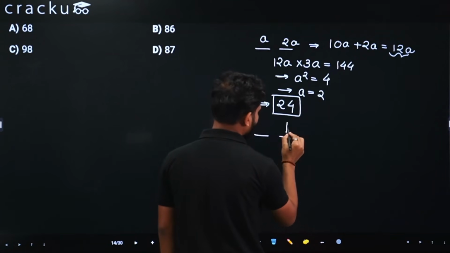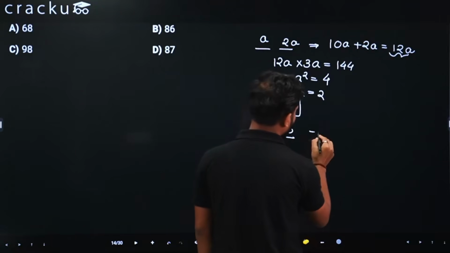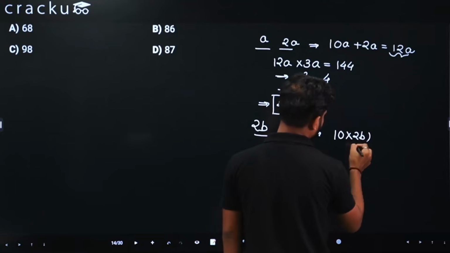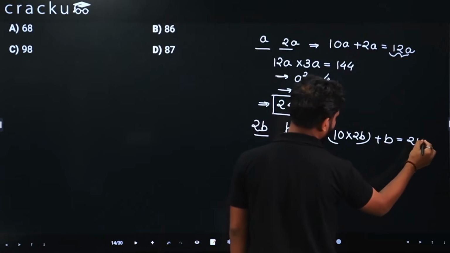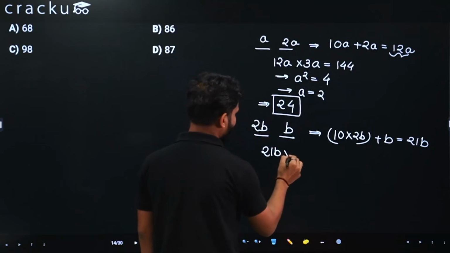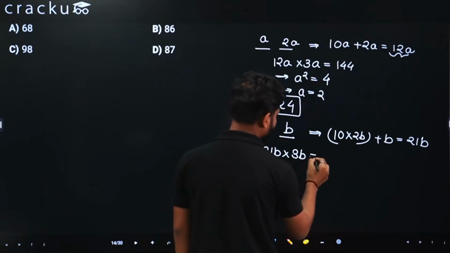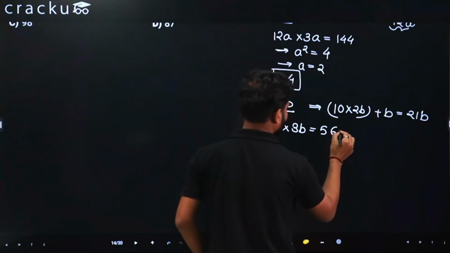In the other case it is reversed. Let the unit digit be b, the tens digit will be 2b. What will the number be? The number will be 10 into 2b plus b, which is nothing but 21b. When this 21b is multiplied with the sum of digits, which is 2b plus b, 3b, the answer is given as 567.